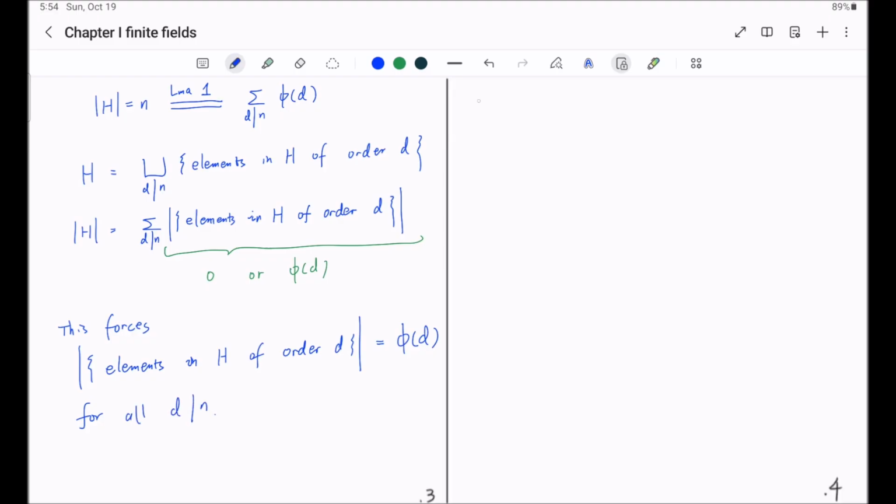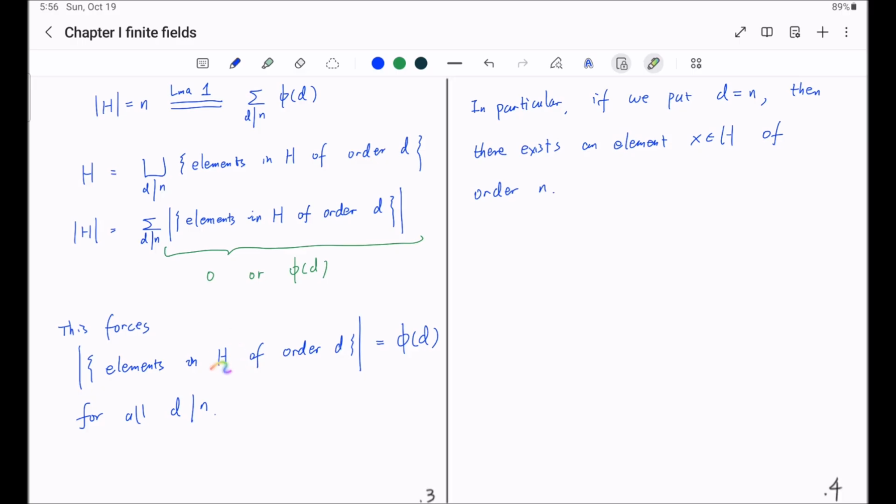And in particular, if we put d equal to n, then this says the number of elements in H of order n is equal to phi of n, which is at least 1. So there exists an element in H of order n.